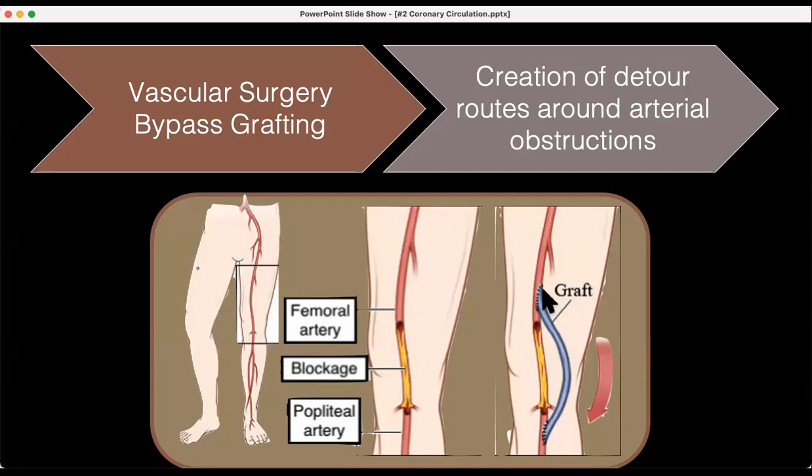They'll take a vein, the patient's own vein, and sometimes those are the best, but you could also use synthetic graft material to form a conduit around. So it's a collateral circulation around that obstruction.